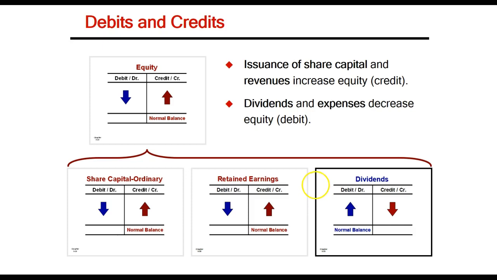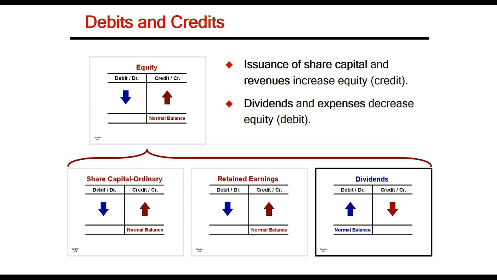Now, secondly, we take the equity, and equity increases when we sell shares. So in this case, share capital will go up. An increase would be on the right-hand side. Equity also increases when we earn revenue and decreases when we pay expenses.